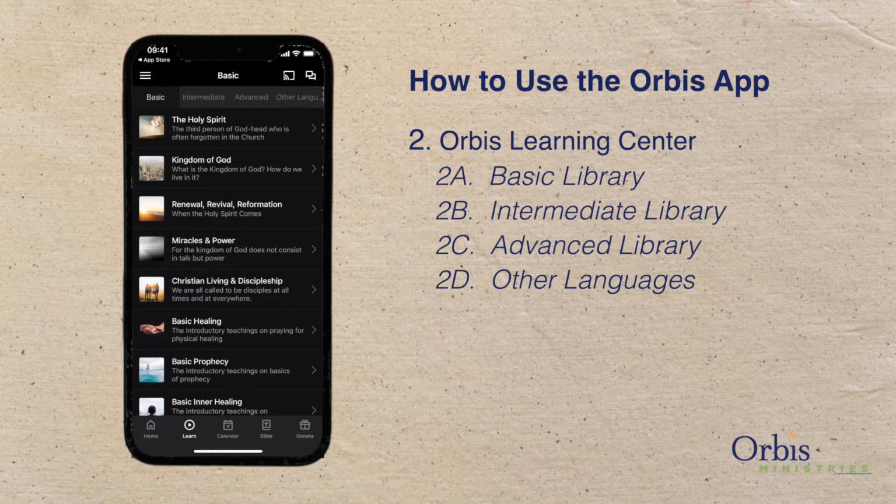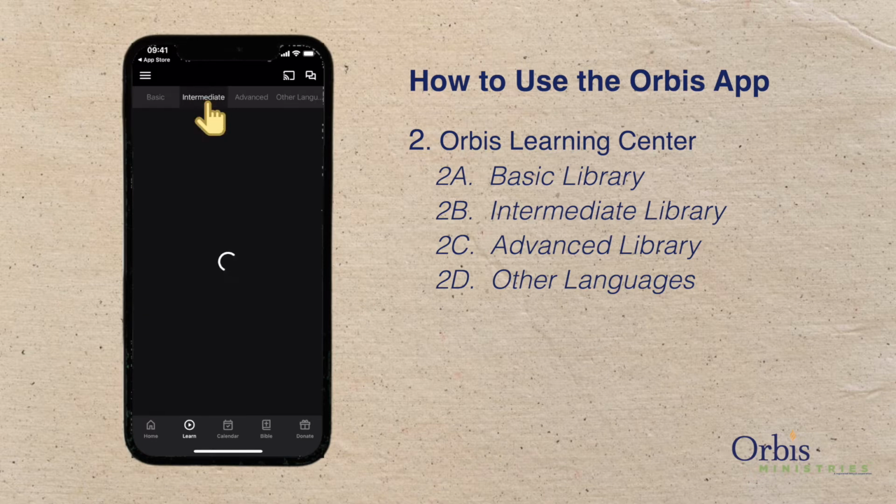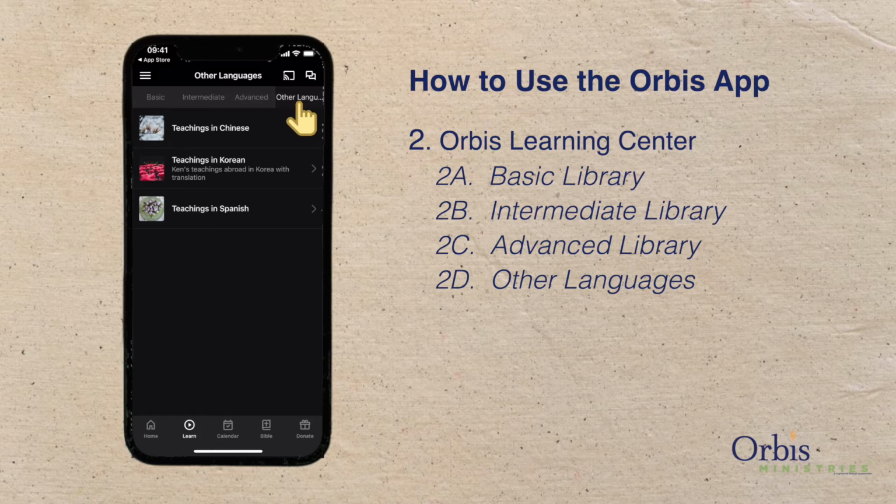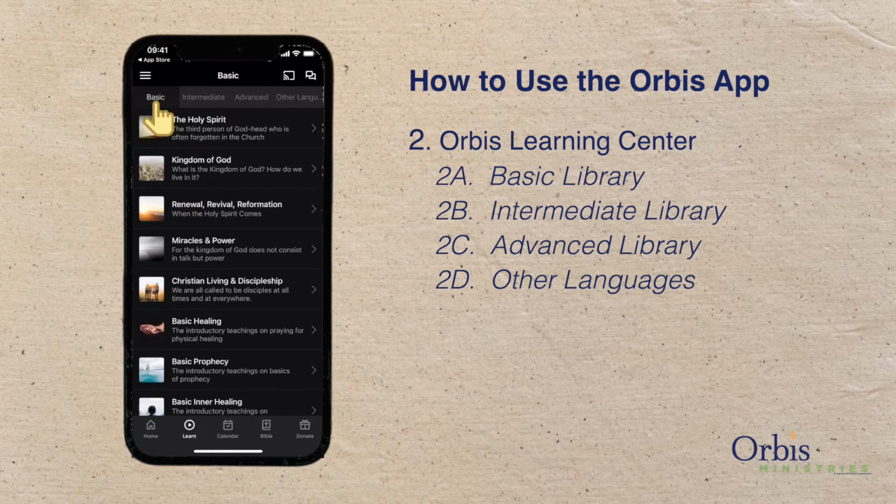Within this Learning tab, we have a breakdown of 4 different categories. We have the basic, we have the intermediate, we have the advanced, and we have other languages. So let's say I want to listen to some basic content, and I am interested in learning about the Holy Spirit.